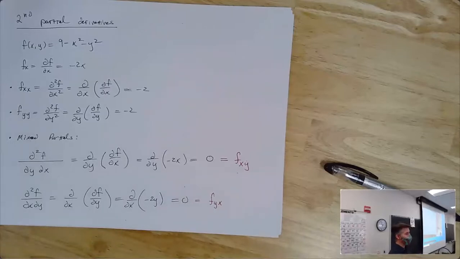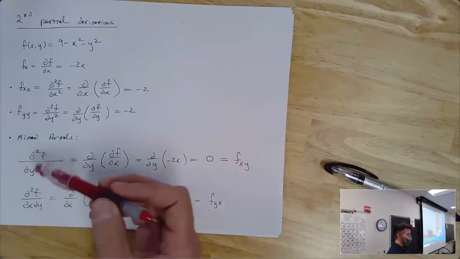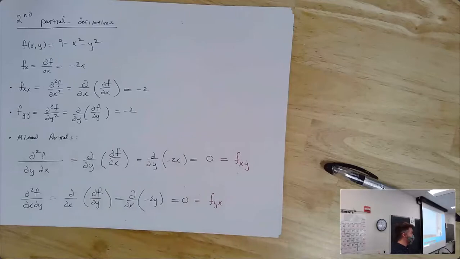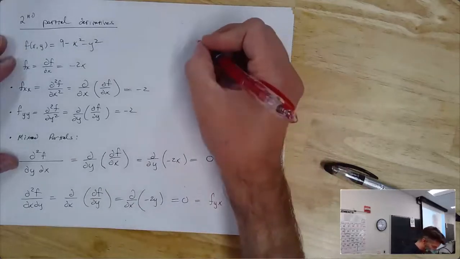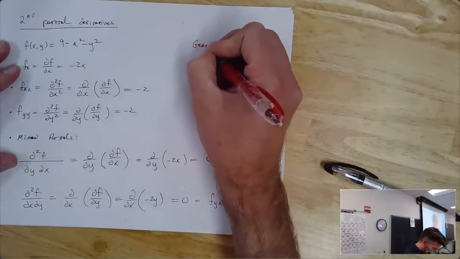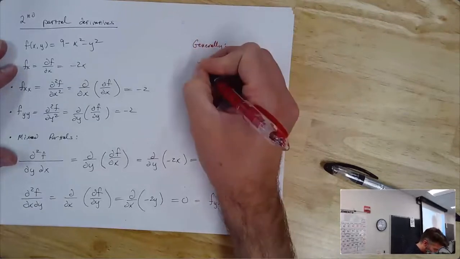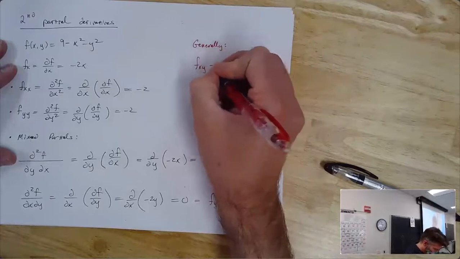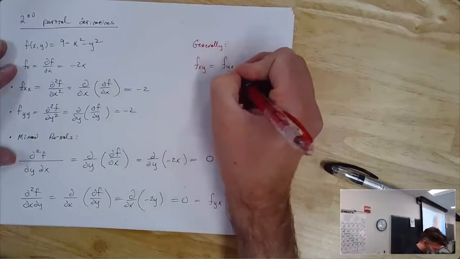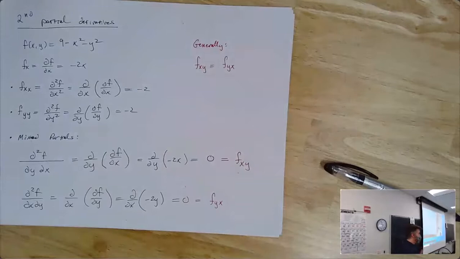Any function you encounter in this class should have the mixed partials in either order ending up being the same value. So it is not always true, but it is generally true that fxy is equal to fyx. There are counterexamples to this. They are complicated. They're very contrived, is what I'll say.